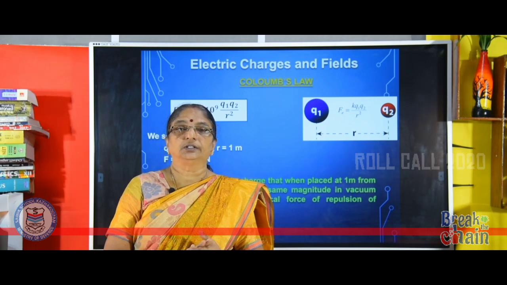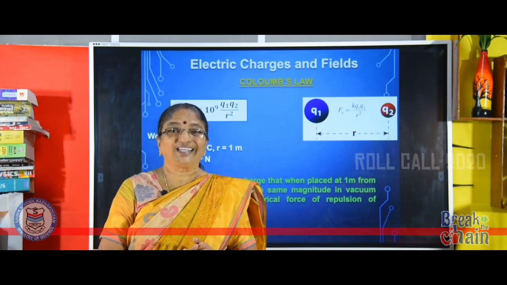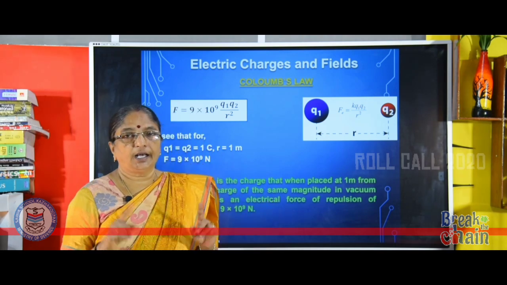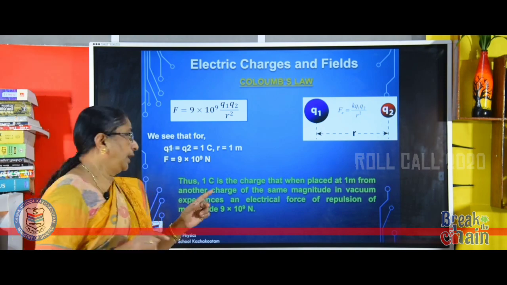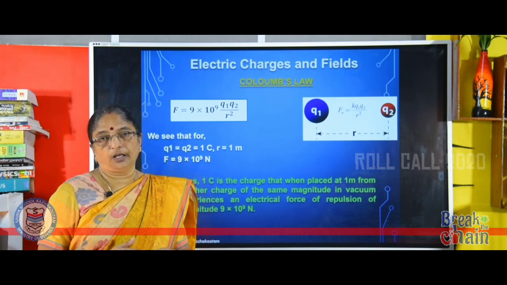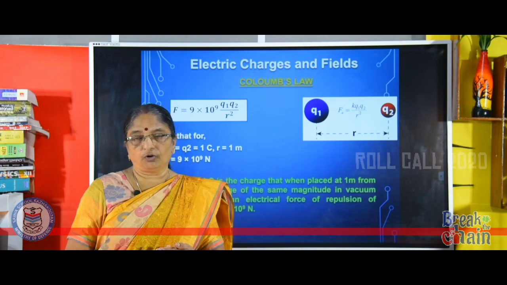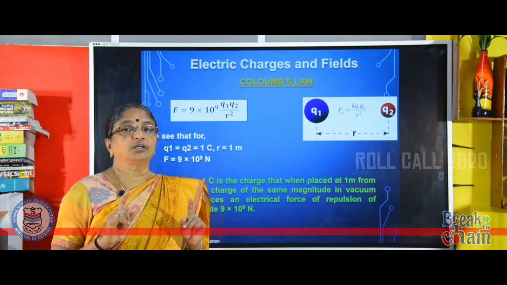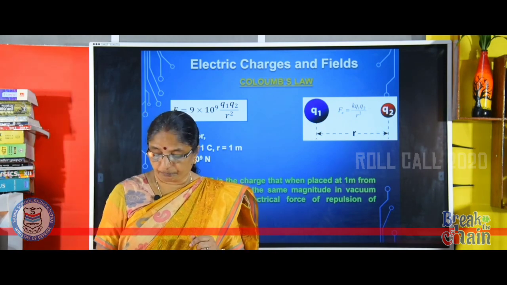That means the charge on a body is said to be 1 Coulomb if it repels another identical charge kept in air or vacuum at a distance of 1 meter and experiences a force of 9 into 10 raised to 9 Newton, which is the definition for Coulomb, the SI unit of charge. 1 Coulomb defined from Coulomb's equation.